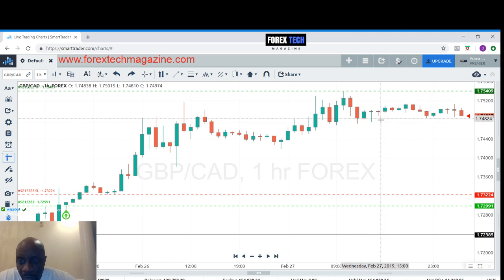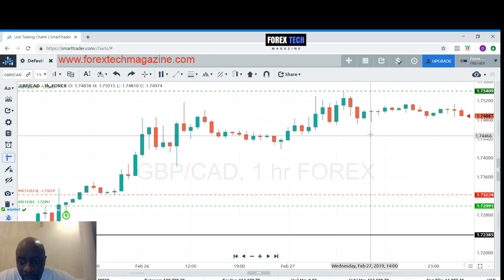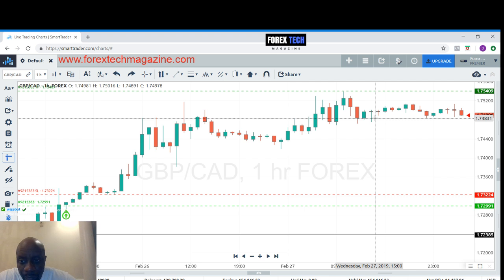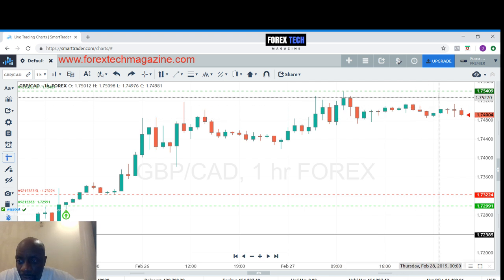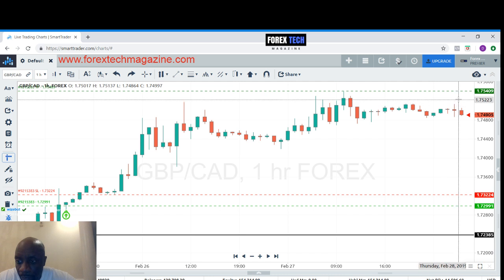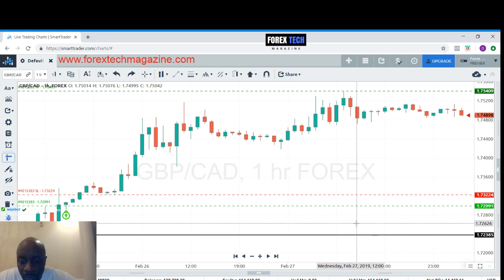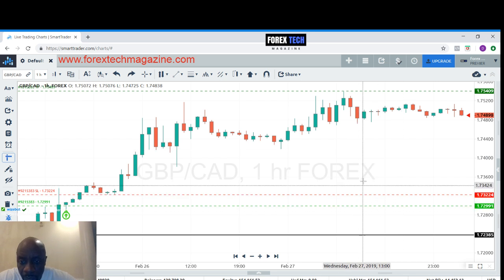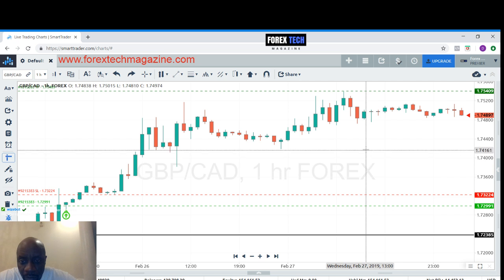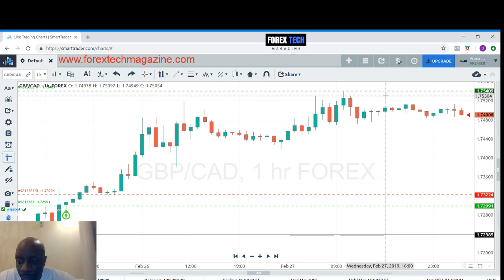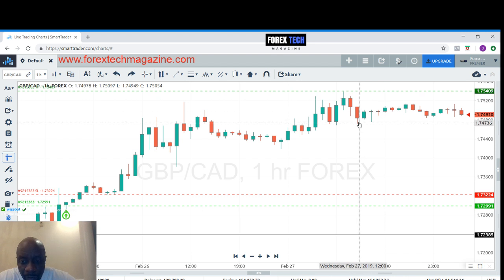And the ideal is, or the hope, or the goal, because I don't like saying hope when it comes to trading, is that price is going to give us one more big push up, perhaps, and hit our take profit. If not, we'll see what's going to happen.